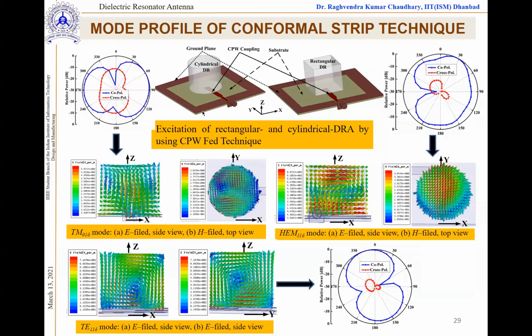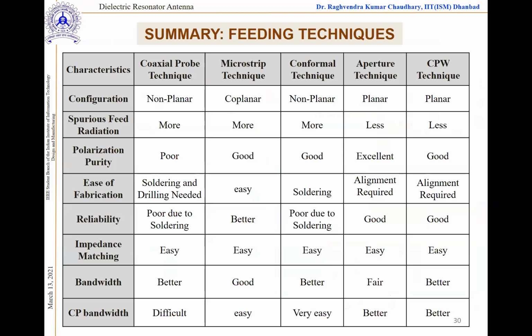What we experimented with over HFSS is that we successfully excited the HE or TE mode easily in a cylindrical and rectangular DR. Based on that, we made some comparison. As I told you, I'm not saying this technique is good or bad. Depending upon the situation, you can adopt these techniques and work.